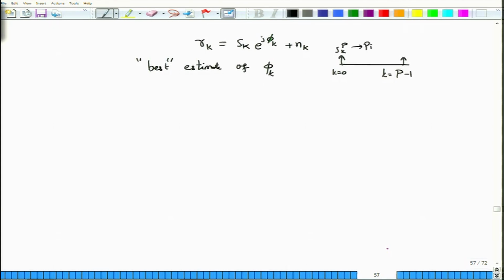These pilots are essentially training symbols which are meant for the receiver to obtain the initial phase. When the receiver is blind, it has just started, it does not know what to do with respect to the phase. So, you assist the receiver by sending these pilots so that it can use them to build up the value of phi k, and from then onwards it can go into what is called decision directed mode.